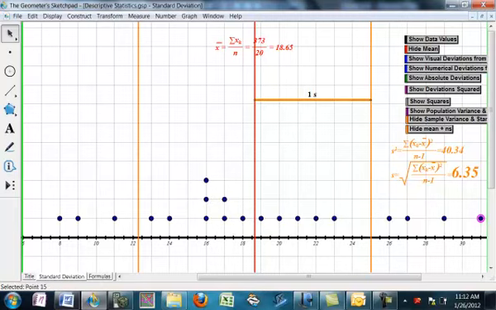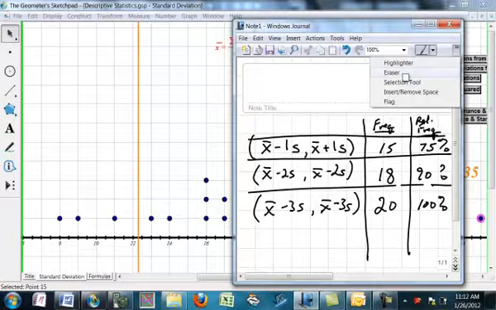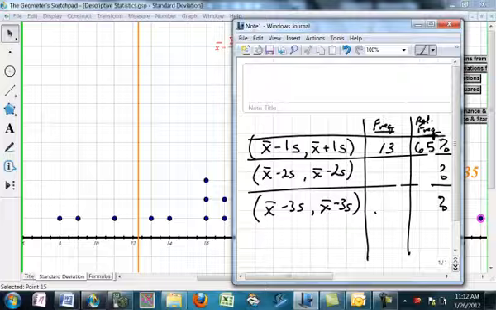We did decrease it though. We went down to 13. But these are going to change too. So we went down to 13 here, which is 65% within 1 standard deviation.